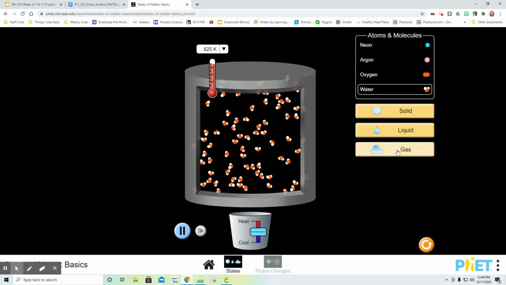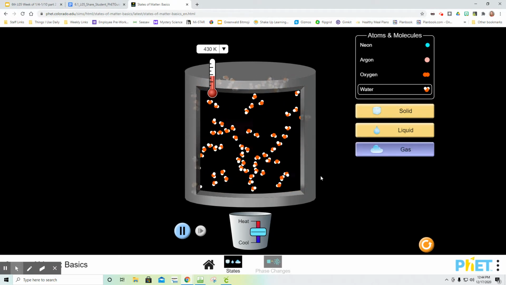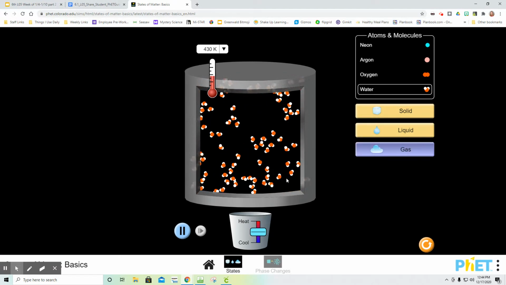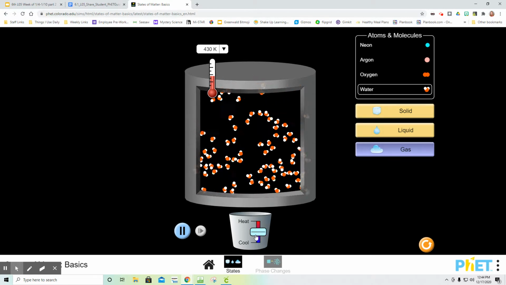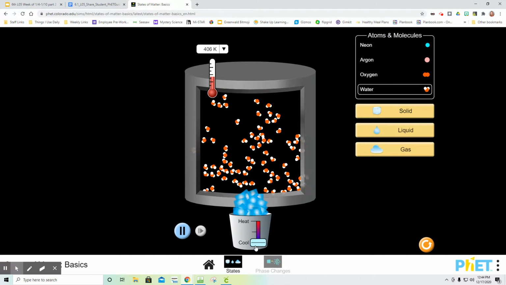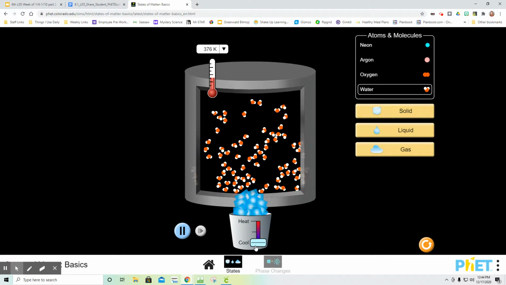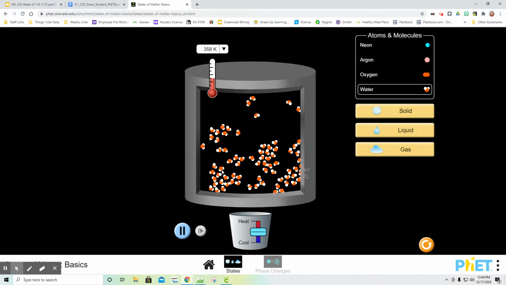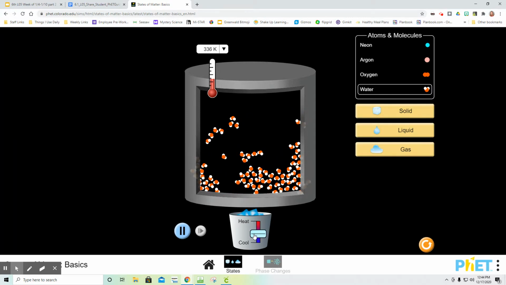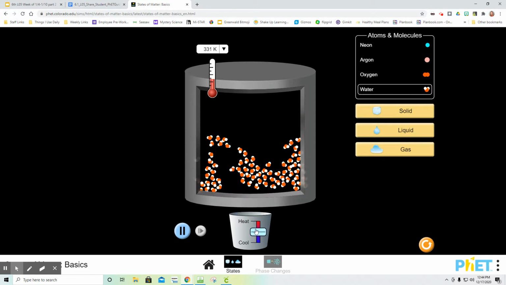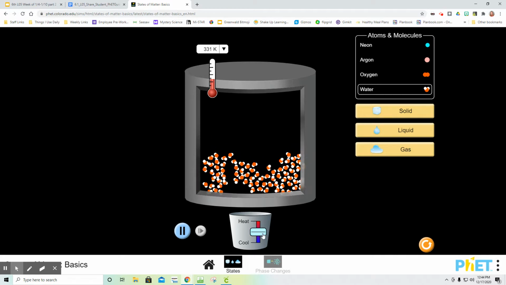Okay, so we want to reset it to a gas. And we want to cool it until it's about 330 to 365. So cooling it to 330, 365. Okay, about in here. Let's get down to 330. All right, what do you notice the particles are doing?